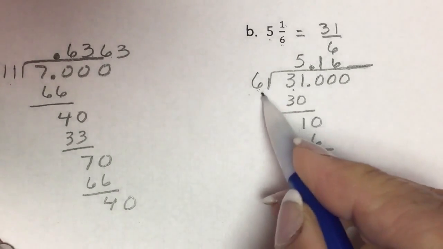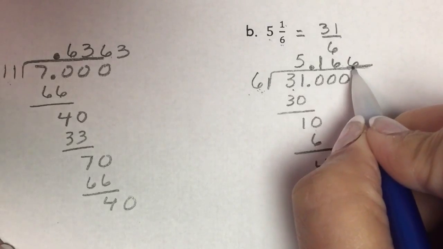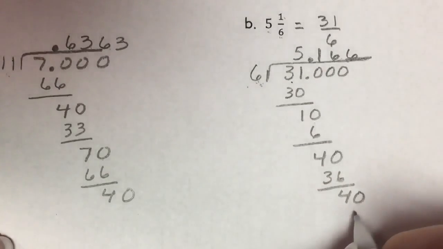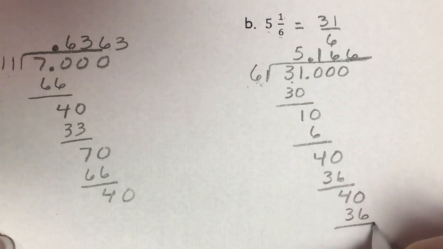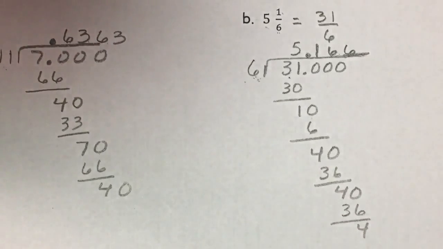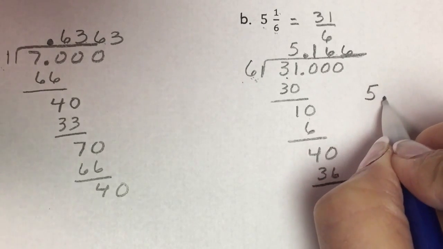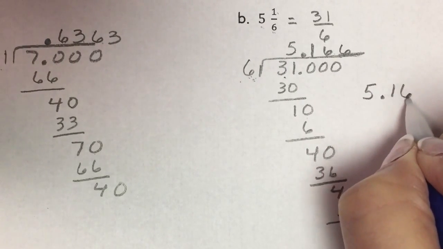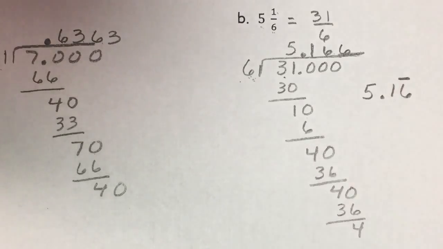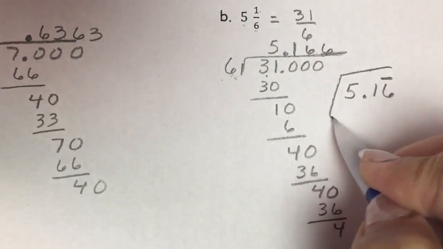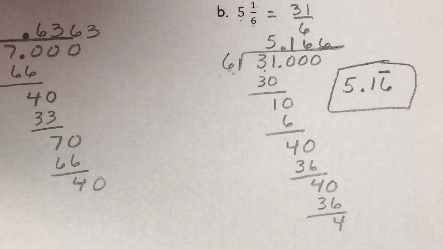Uh-oh, what's happening? 6 goes into 40 6 times. 6 times 6 is 36. Subtract, you get 4. So what number is repeating? Just the 6. So your decimal would be 5.16, and this time the repeating bar only goes over the 6. And we're done. And that's it for 8.3.